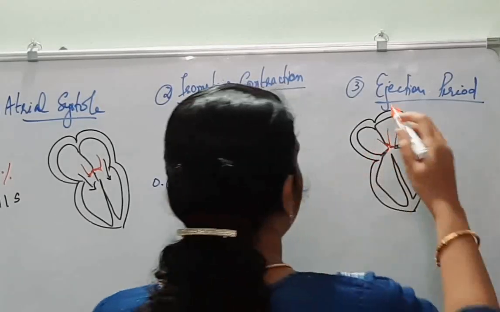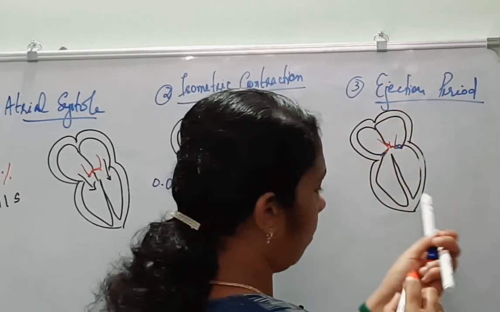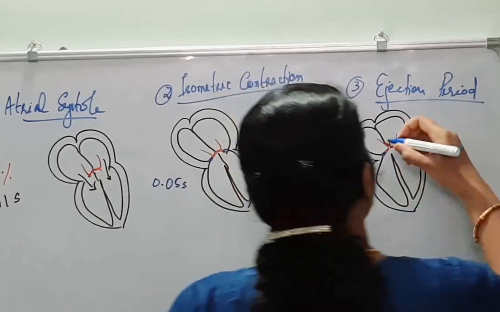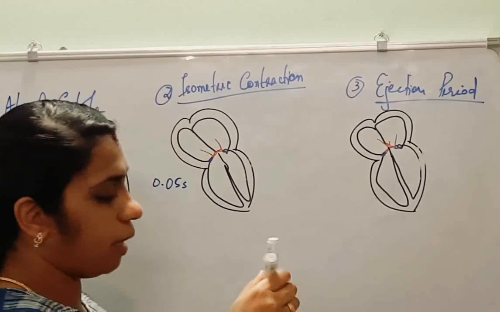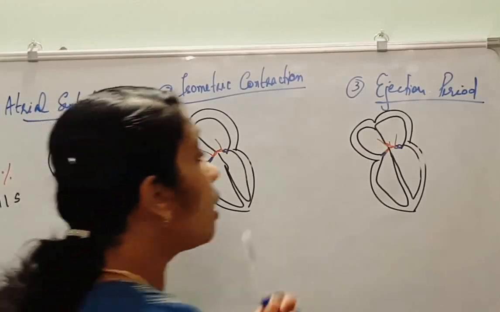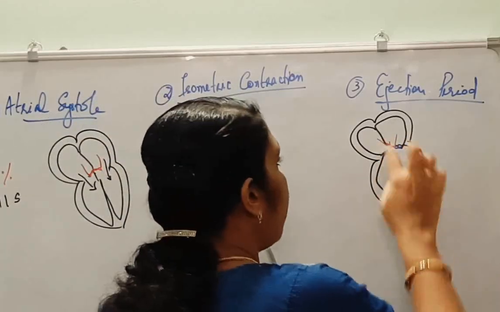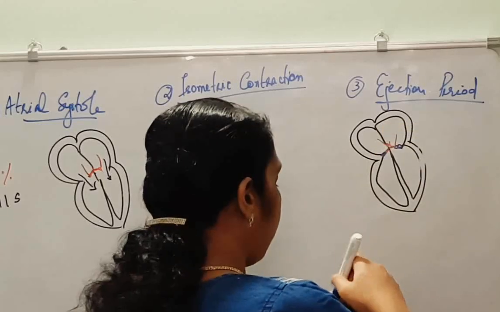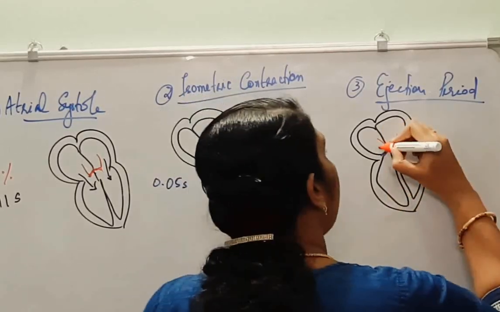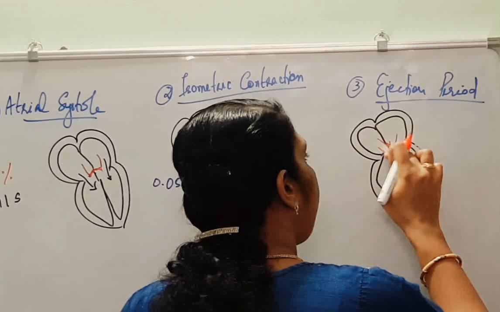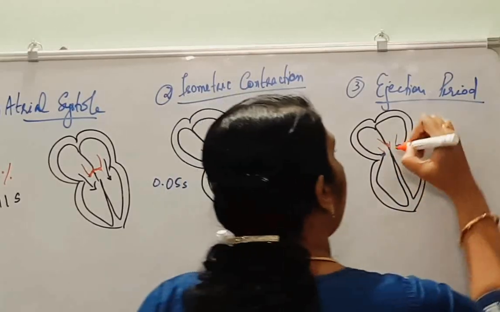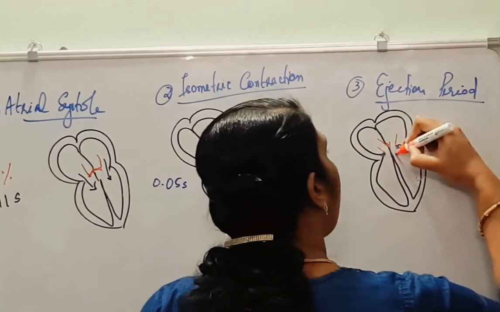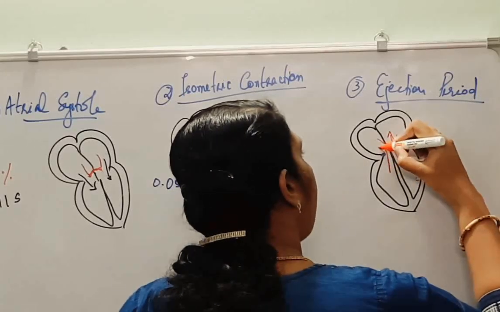In the ejection period, the semilunar valves get opened, and blood from the ventricle flows towards the blood vessels.